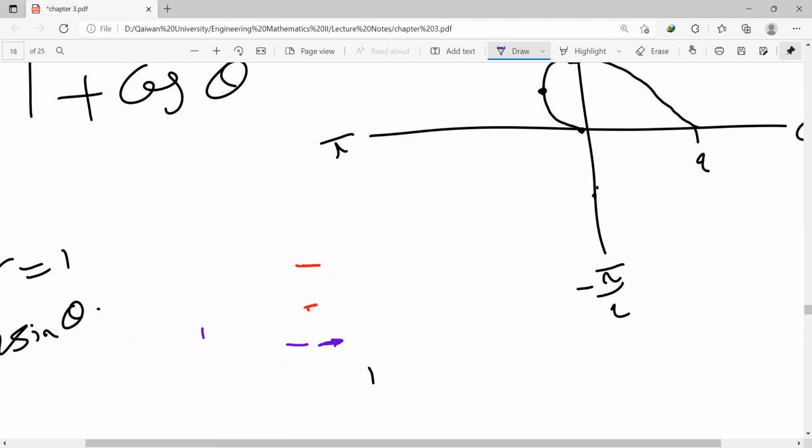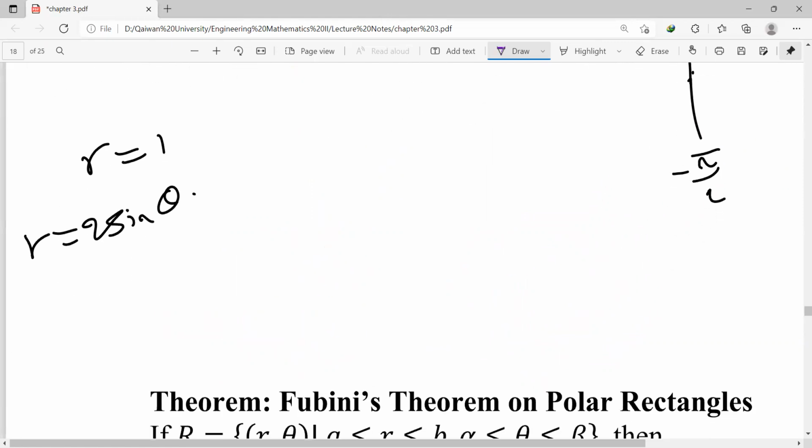If we take 2 more graphs, let's say r to be 1, and r to be 1 plus sine theta. What's the region which is bounded by these two functions? For the first one, we have r equals 1.